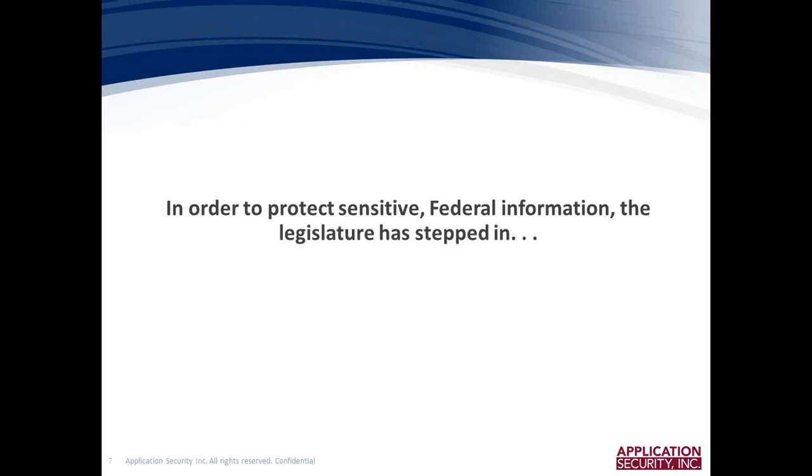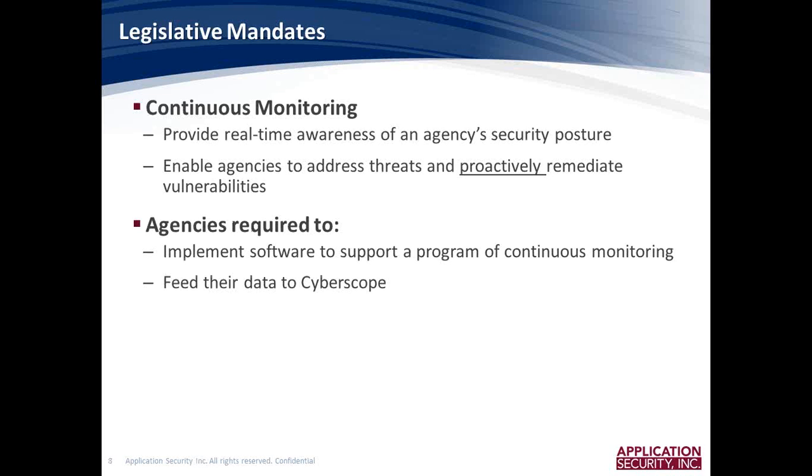So that last problem, that lack of resources, has gotten a lot of attention, enough attention that the legislature stepped in. We've got some legislative mandates out there telling us that we need to have continuous monitoring. This once in every 2 or 3 year kind of certification and accreditation process doesn't work.